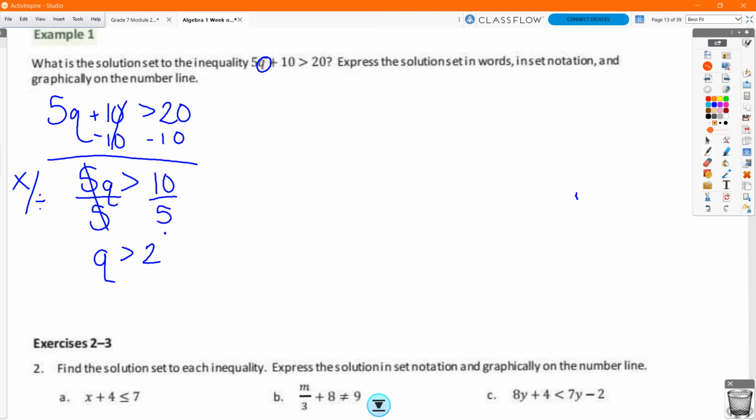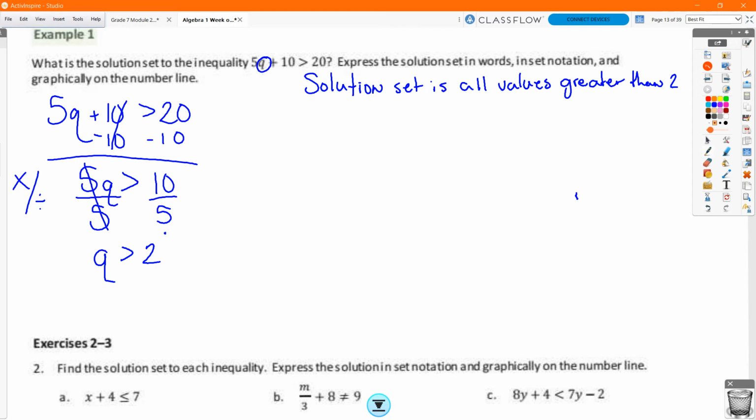So the solution set is all values greater than 2. Okay? So all values greater than 2. That is your solution in word form.